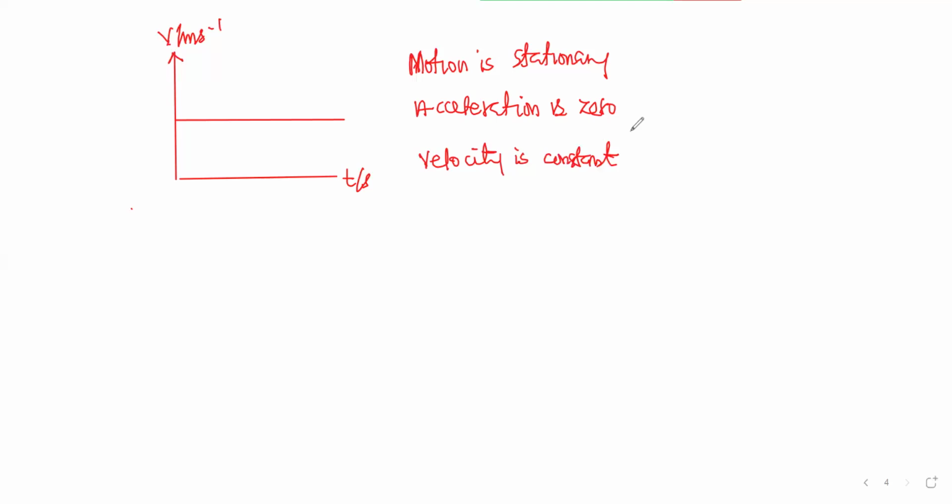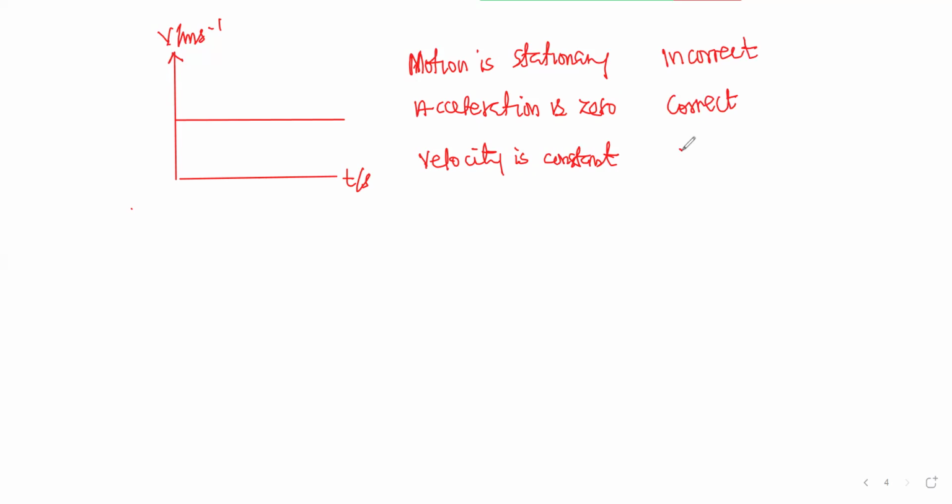Okay. So let me make my choice. Acceleration is 0, motion is stationary, is incorrect. Acceleration is 0 is correct.